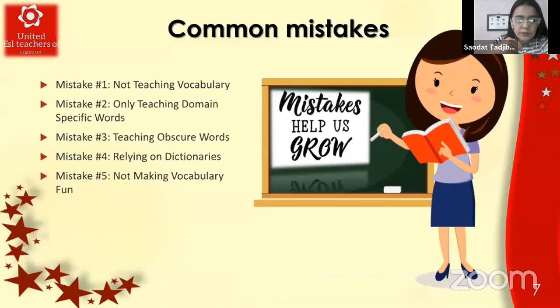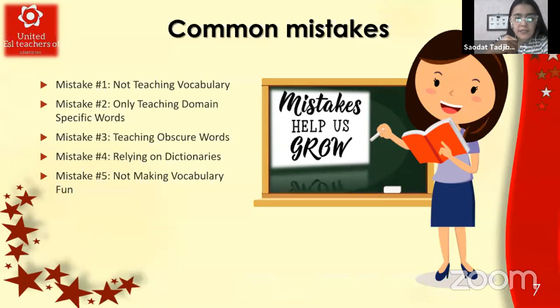The words they need to improve their reading comprehension and test scores are actually the tier 2 words. So you don't have to just focus on tier 3, but you have to focus on their needs first.